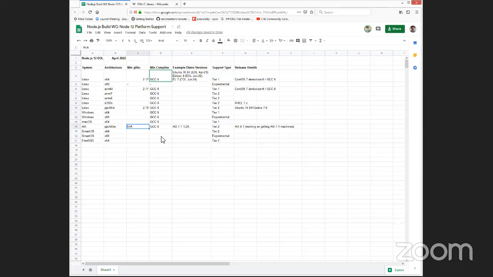From my impression of the ecosystem, GCC 6 is fairly available for everyone who's willing to do it, except Debian Jessie.